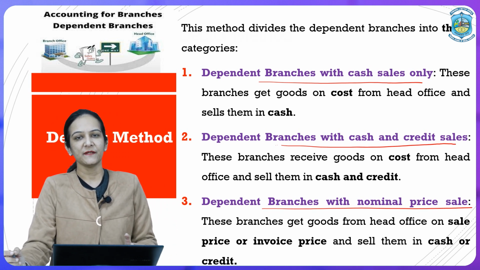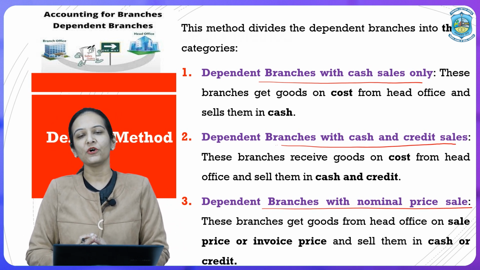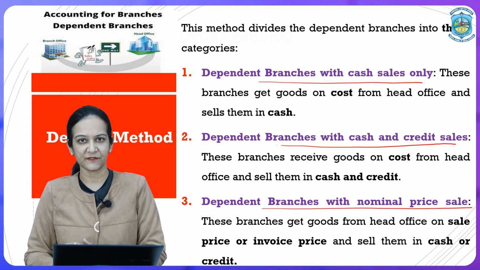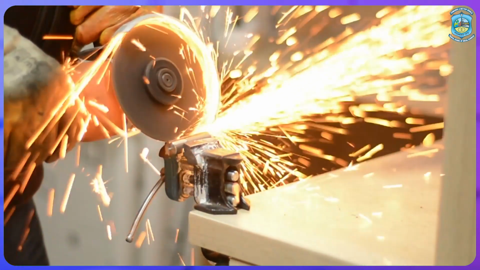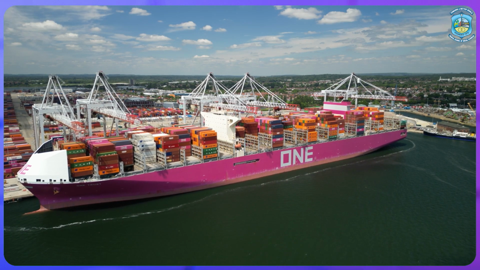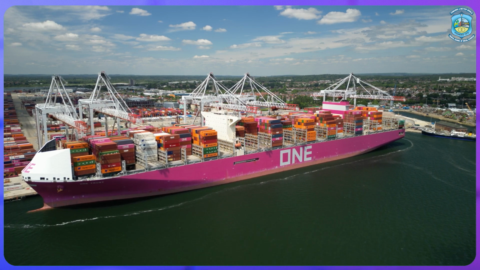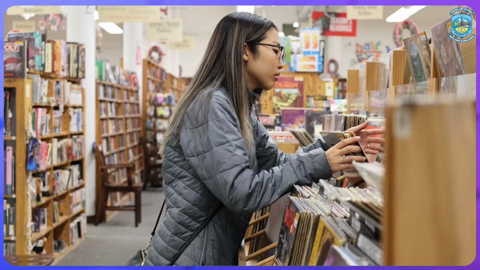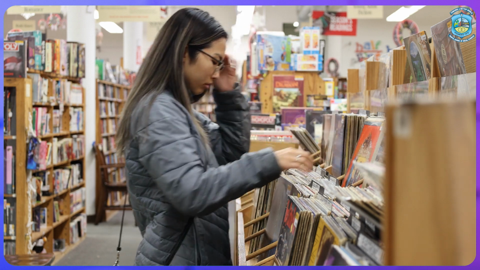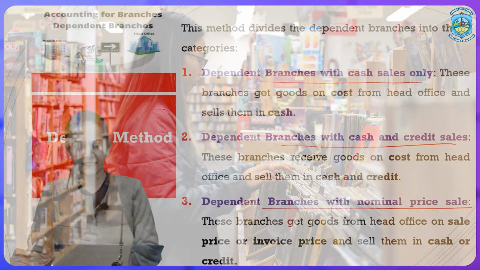We know that the branches do not manufacture the goods that they sell. The goods are manufactured by the head office, which supplies them to the branches, and the branches sell them to the customers and transfer the sales proceeds to the head office.